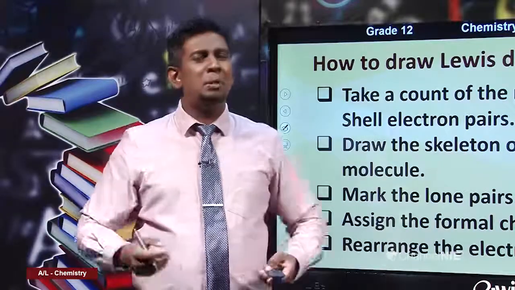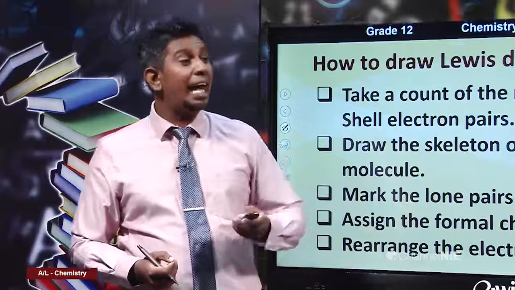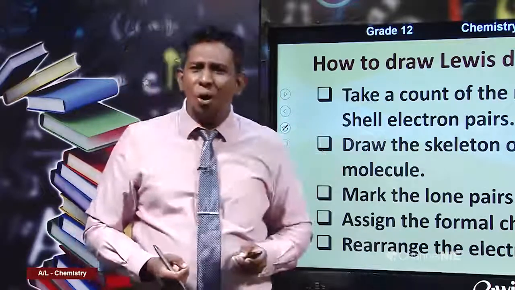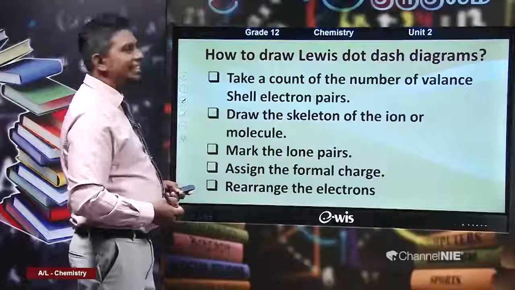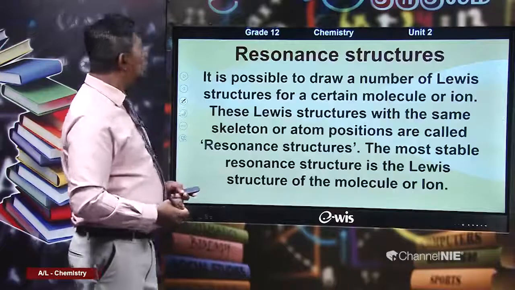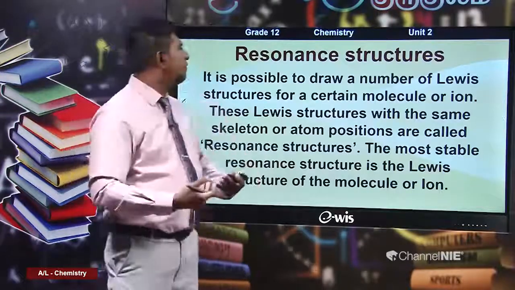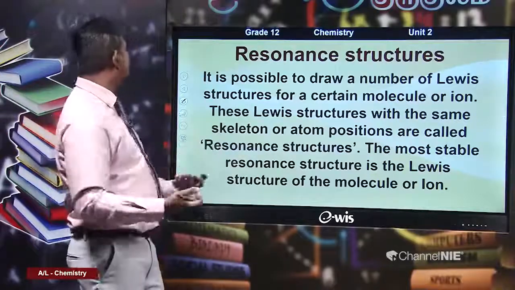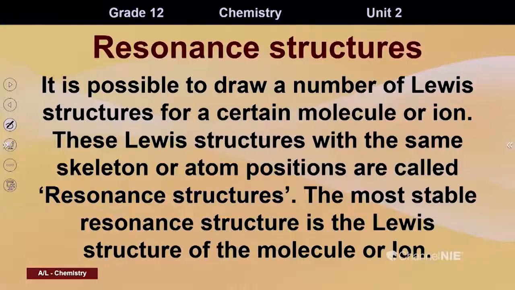It's my duty to guide you towards that. With that, let's start our job here. Students, you could find here that resonance structures are possible. It is possible to draw a number of Lewis structures for a certain molecule or ion.